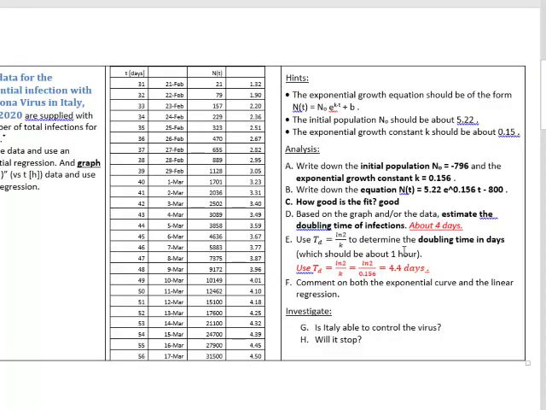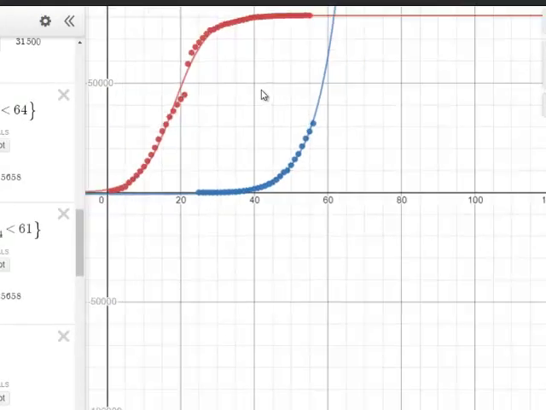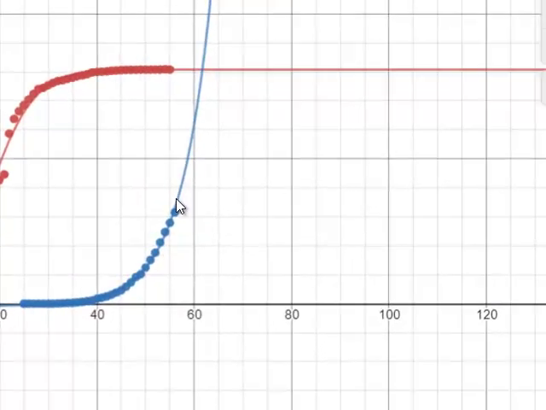Calculating that on the side, natural log of 2 divided by the exponential growth constant 0.156 comes out to 4.4 days. You can do it on a calculator. And again, we hope that it will soon actually level out and not continue like this one here, but level out like China is currently doing. This is March 18, 2020. And South Korea started doing that too. Italy is among the many countries where it's still going up exponentially.